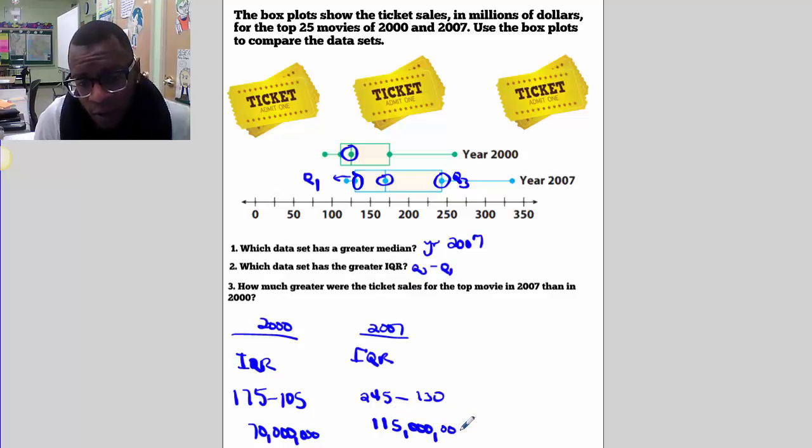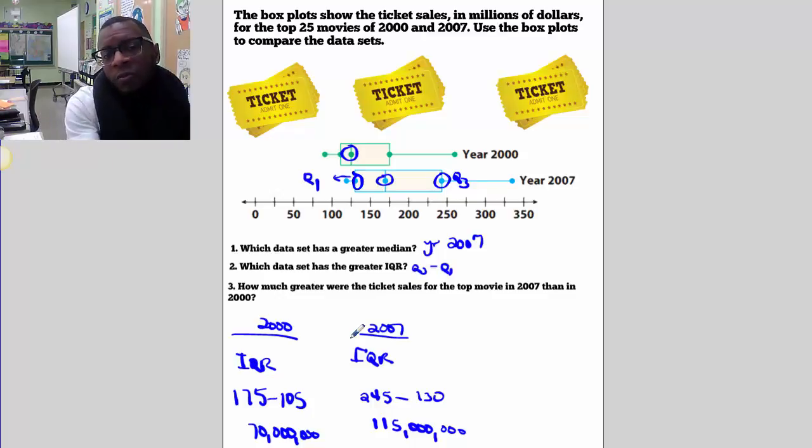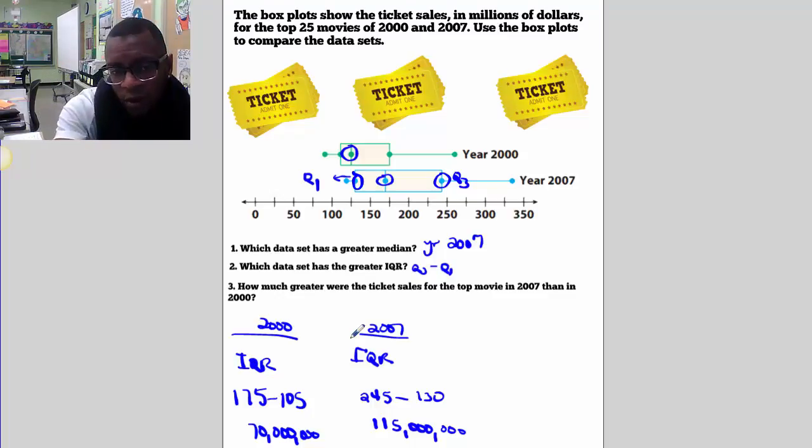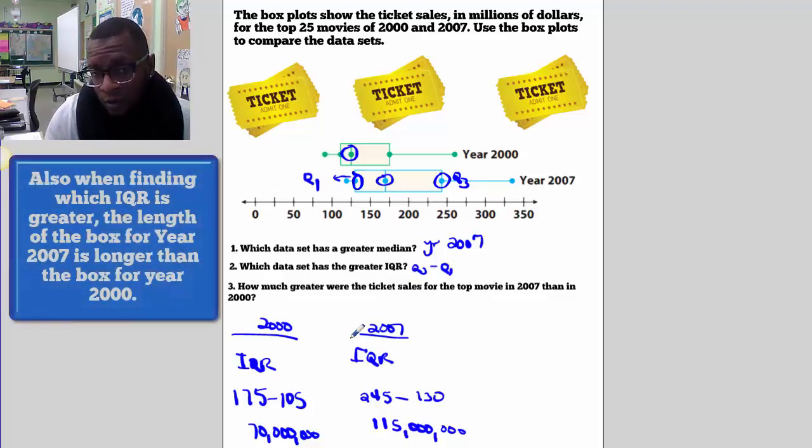Okay, so from this we can see that the data set for 2007 also has a greater IQR. And you can see this because if you look at your box plots, the box plot for year 2007 is actually shifted to the right on the number line, which means it's going to have greater values.